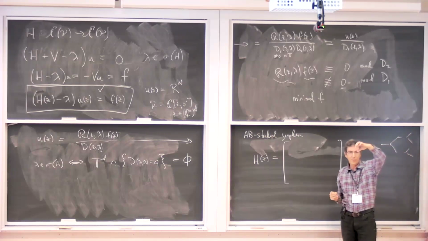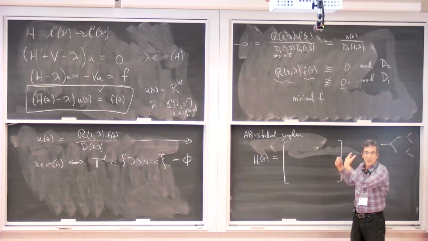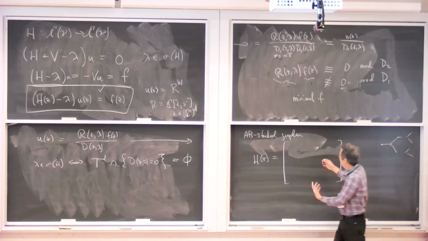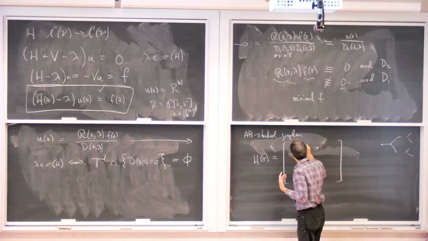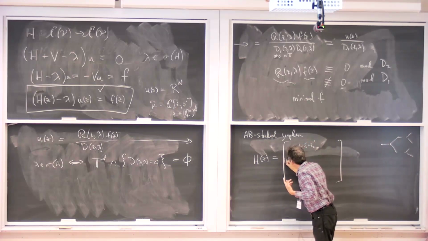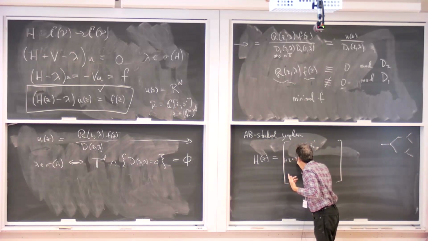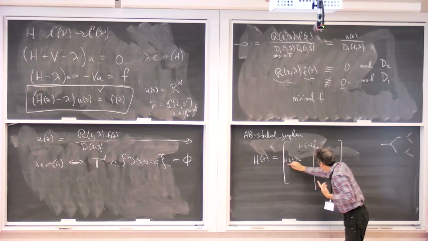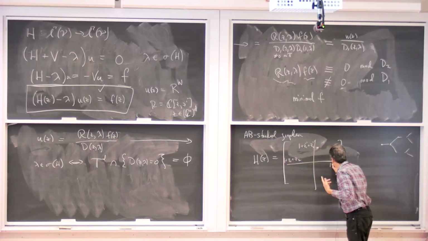So one vertex of the upper one lies over the hexagon of the lower one. Now just write down what the Hamiltonian looks like. We get 1 plus Z1 inverse plus Z2 inverse, 1 plus Z1 plus Z2, and then you have another copy of the same thing.